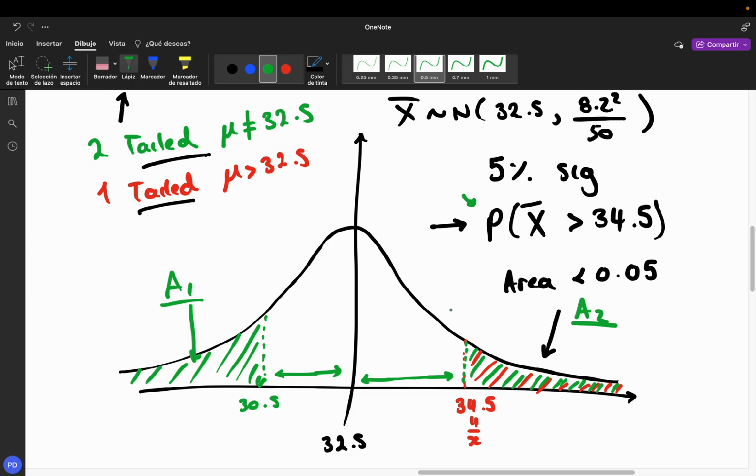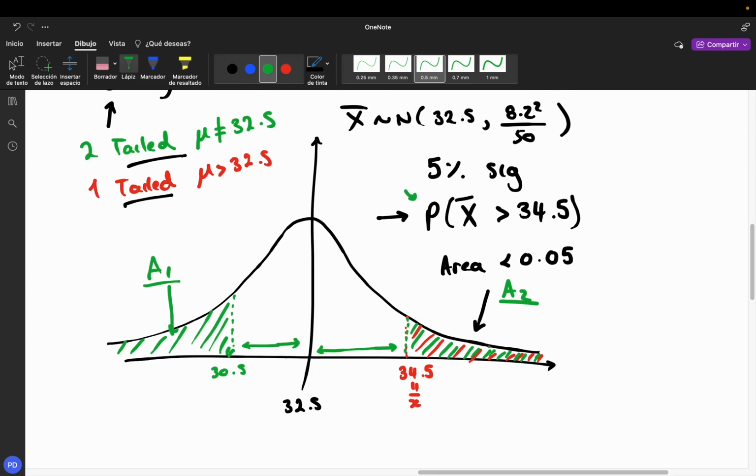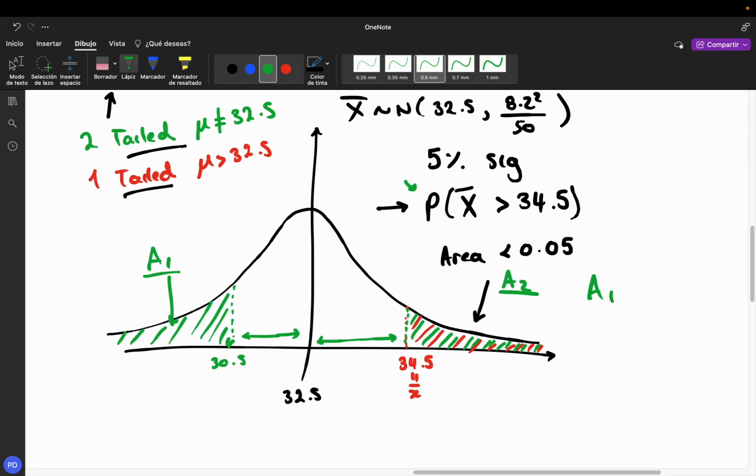Now, the 5% is the area that we're interested in, but now we've got two areas. Because we're working with a normal distribution, what you'll actually find is, because it's symmetric, both of these areas are the same. So let's call each one A. So our total area that I've shaded in green is 2A.